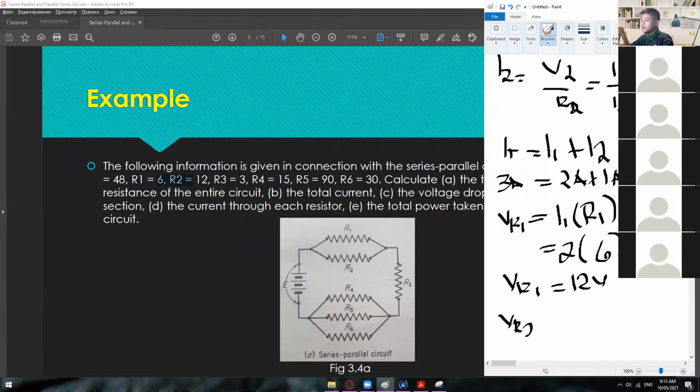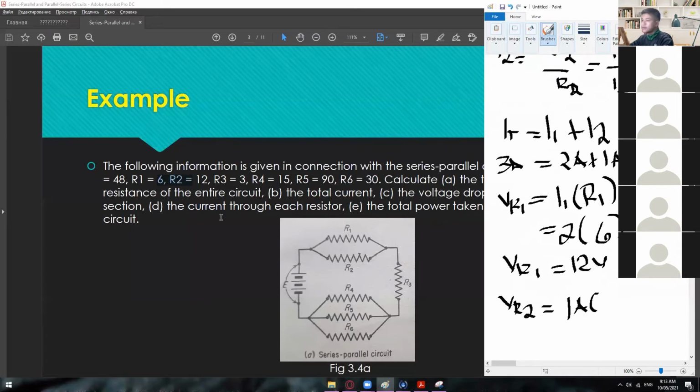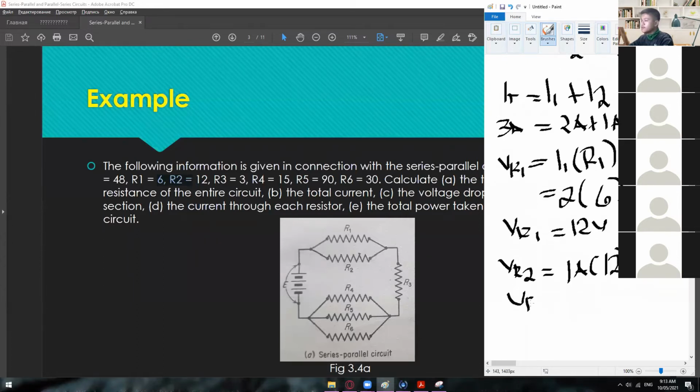And then for the VR2, ganun din, palitan lang natin yung current saka yung resistance. So we have 1 amp times R2 is 12 ohms. So VR2 is equal to 12 volts.